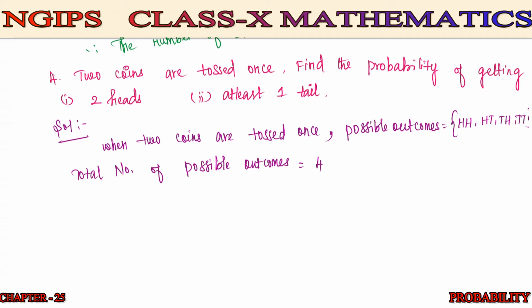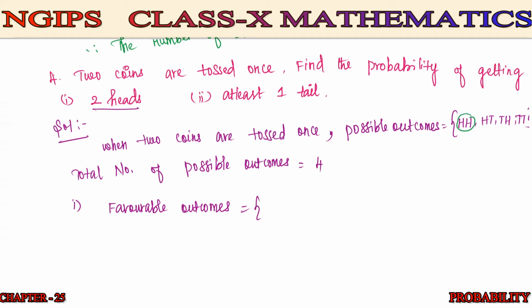Next we will find the probability of getting 2 heads. Now first sub question, favorable outcomes. Favorable outcomes is equal to, 2 heads means in this we have only one, we have it as HH.